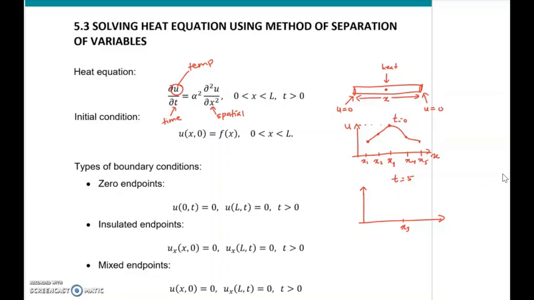When t equals 5, for example, we can expect to see what happens to x3. The heat is going to flow in the left and right directions. So when t equals 5, we can expect the temperature at x3 to drop, while x2 and x4 could be higher because of the flow of the heat. If we connect all the nodes, then we have that kind of graph.